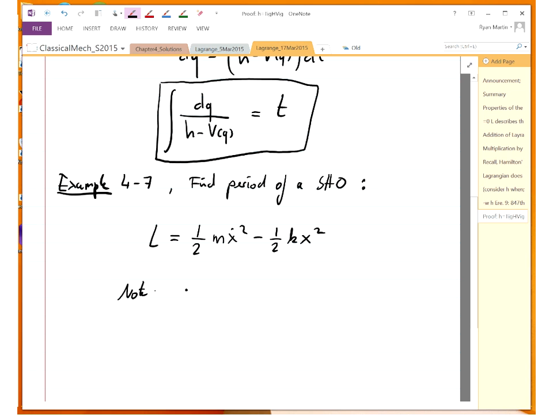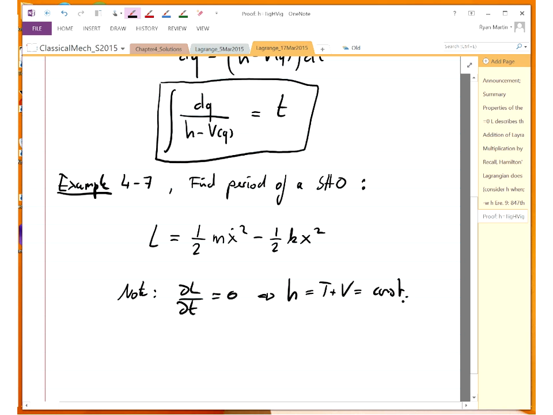So note, dL by dt is equal to 0. Hence, h, which is t plus v, is equal to a constant.